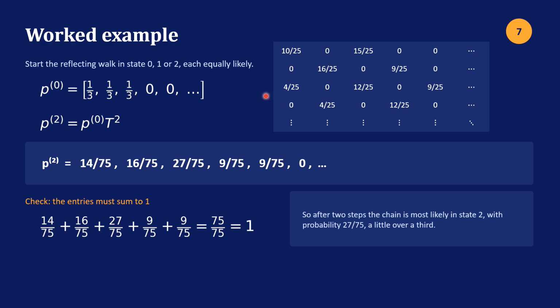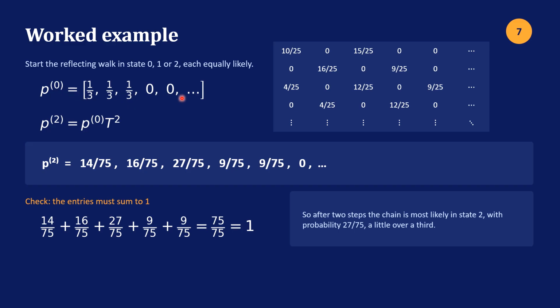So let's look at our example that we had done earlier. If you recall, we had a transition matrix T, and we squared it. I just carried it over here. Let's say that we know the probability distribution for time 0, and there's a 1/3 probability of being in state 0, a 1/3 probability of being in state 1, and a 1/3 probability of being in state 2.